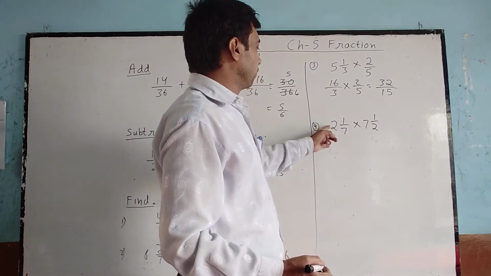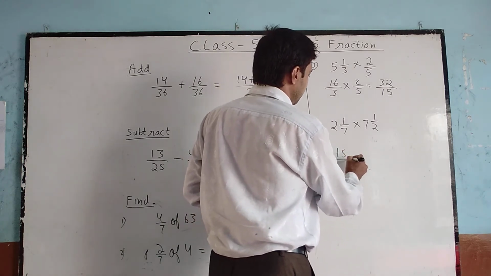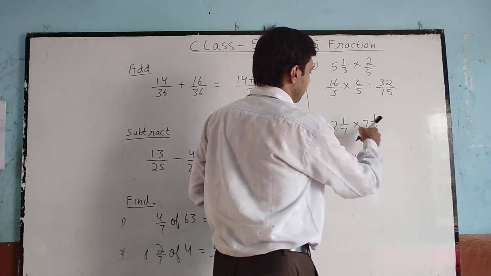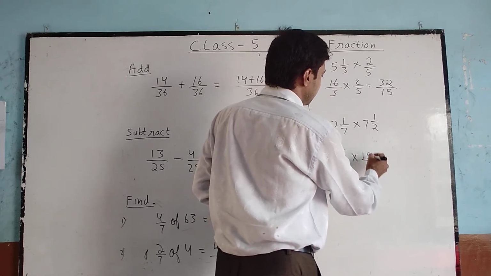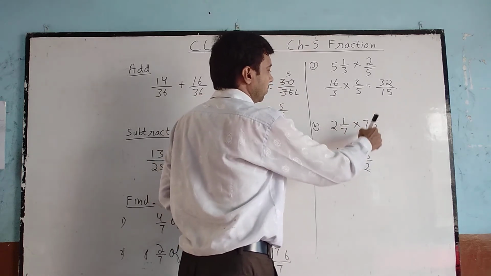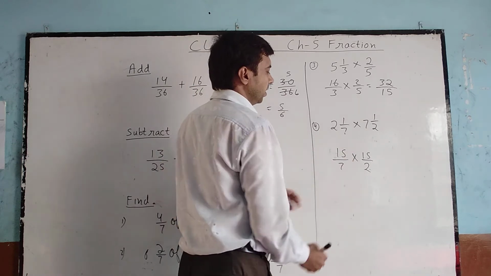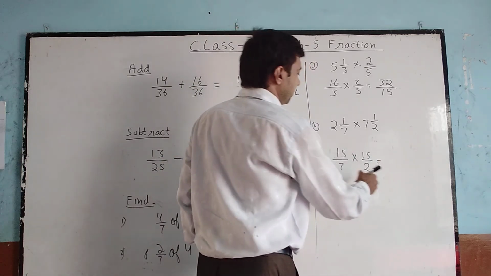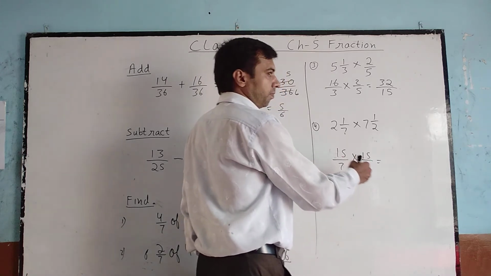It is an improper fraction. 7 twos are 14. 14 plus 1 is 15. 15 by 7. Then 15 by 2. So what do we have to do? We multiply 15 into 15 and 7 into 2.